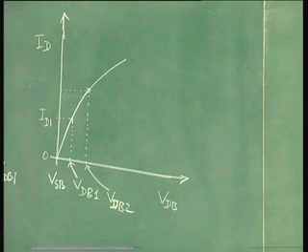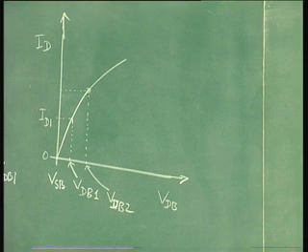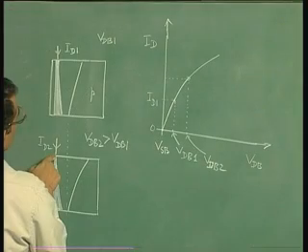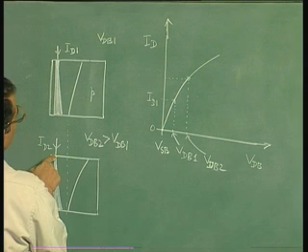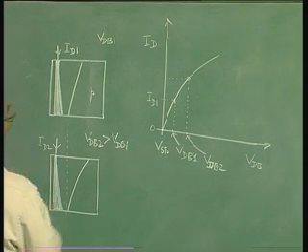Now a point will come when for some value of VDB the charge here will become 0, the inversion charge which is going on reducing as you increase your drain to bulk voltage will become 0.